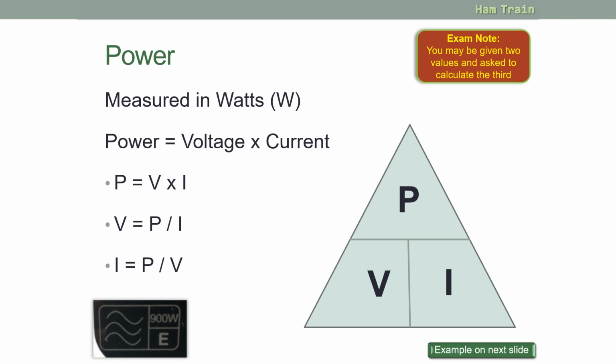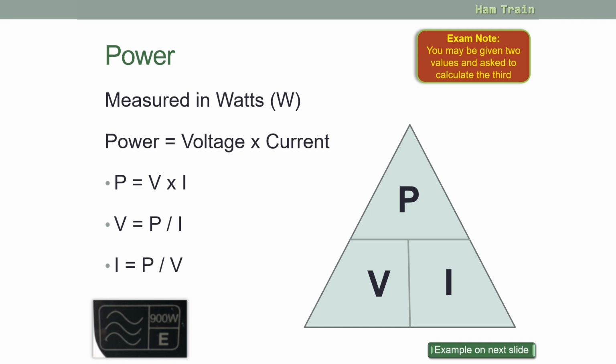In the exam, they're likely to give you two values and you're expected to calculate the third. Here in the triangle, you can see the P is over the V and over the I. So power is the voltage times the current. Power at the top, voltage times the current. Imagine a times symbol there.